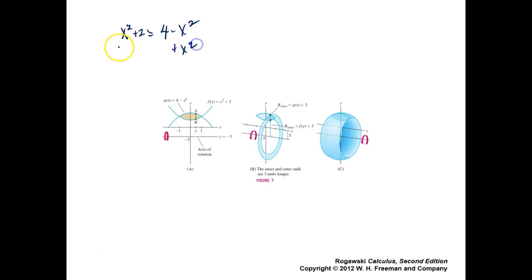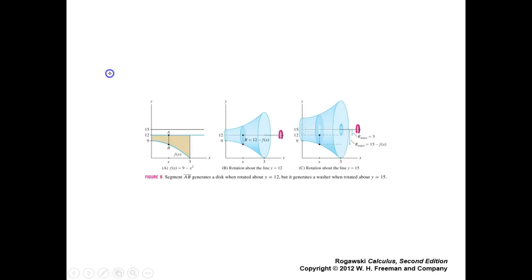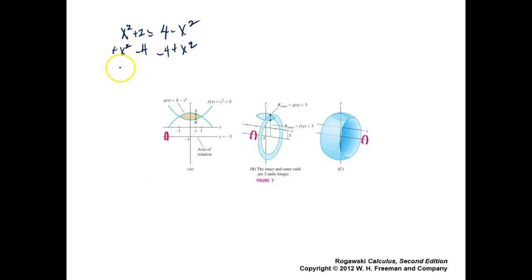Add x squared to both sides, and subtract 4 from both sides. What does that give you? 2x squared minus 2 is equal to 0.